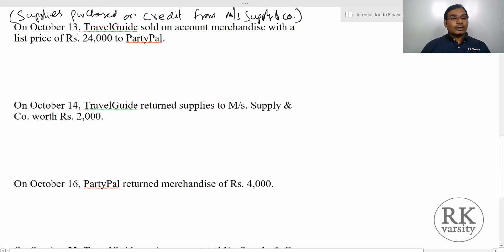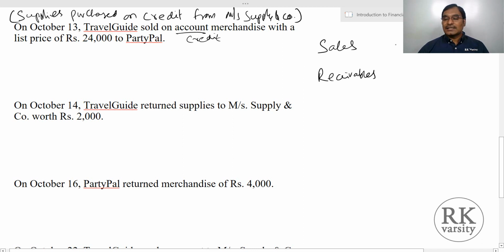Next, on October 13th, travel guide sold on account. When you say on account, again this is a credit. Merchandise with a list price of rupees 24,000 to Party Pal. So one is your sales and second one is your Party Pal, that is your receivables, in the sense Party Pal has to pay you the money.